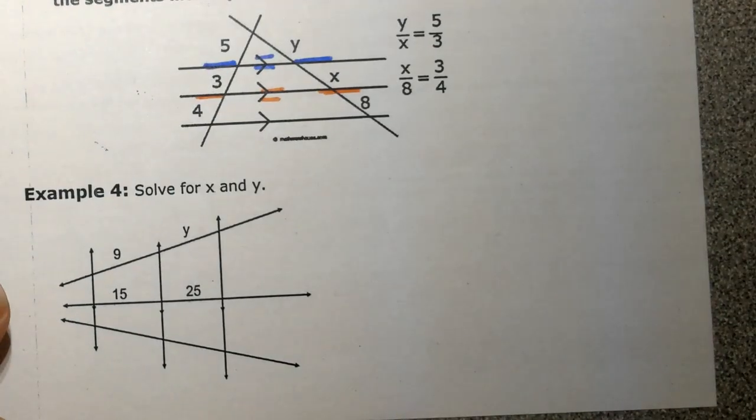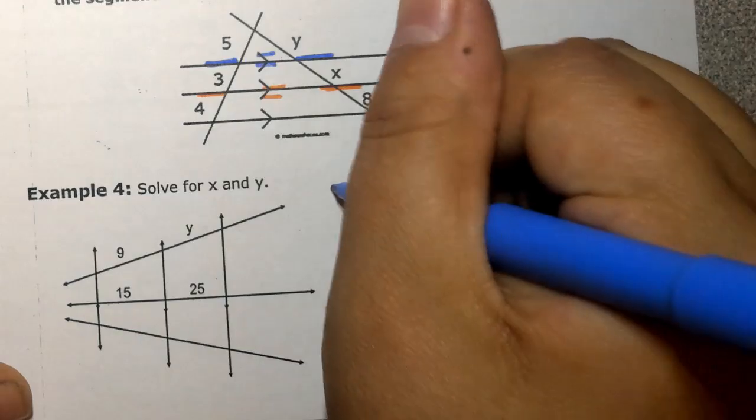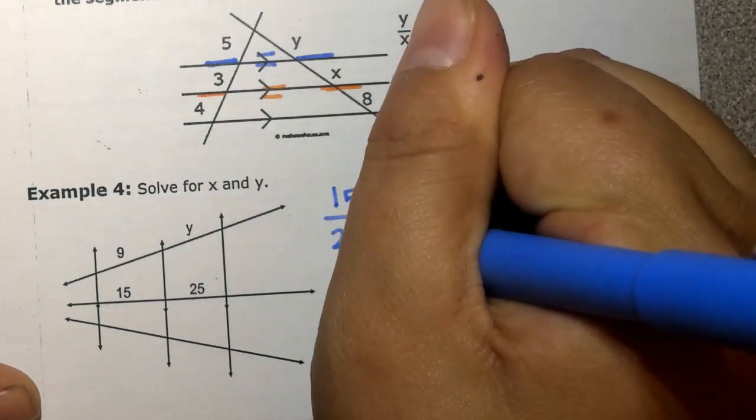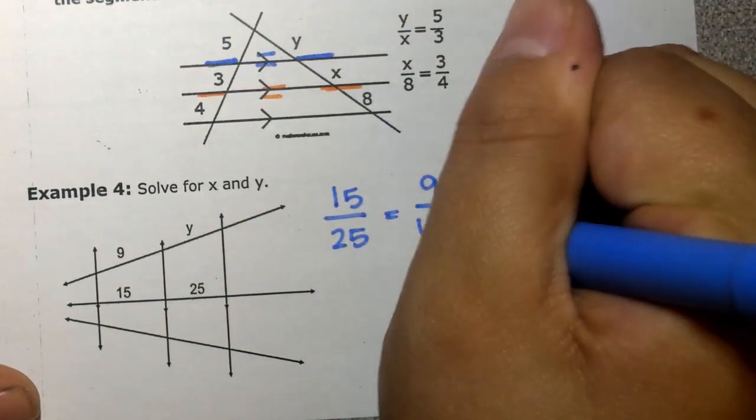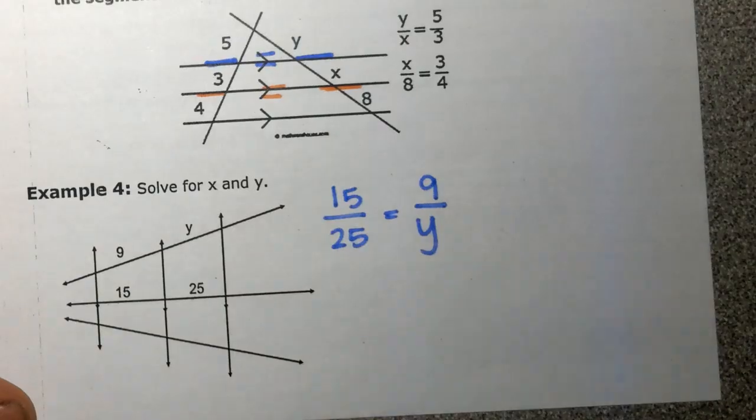What would be my equation for this example? 15 divided by 25 equals 9 divided by y. That is perfect. But that is not the only answer.